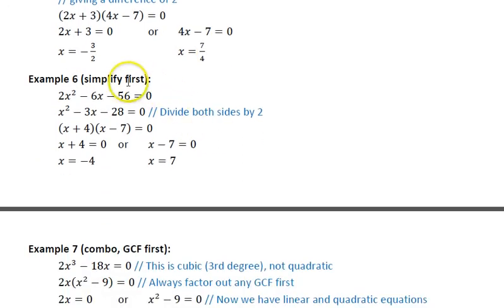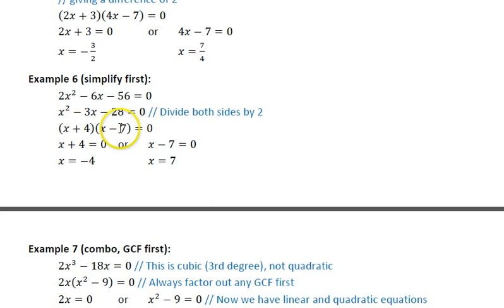Example 6. Simplify first. Each term in the left-hand side and also the right-hand side are divisible by 2. So we're going to divide the entire equation, both sides, by 2, which divides every term by 2. We get this simpler quadratic equation. You always simplify first. Taking this one, we look for factors of 28.